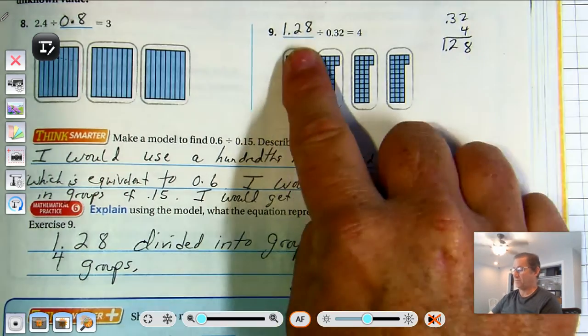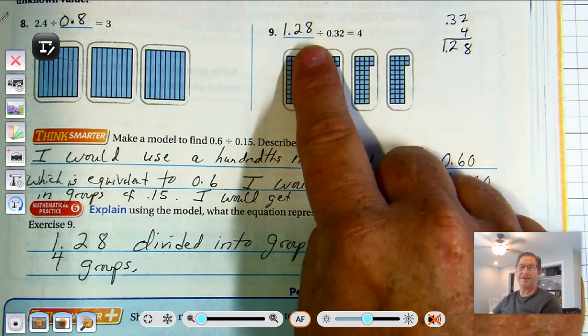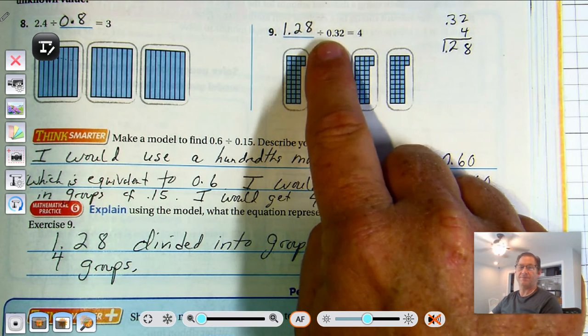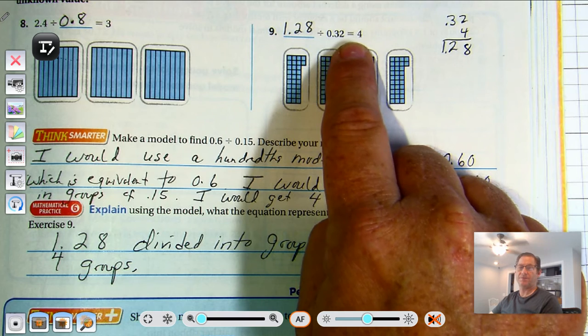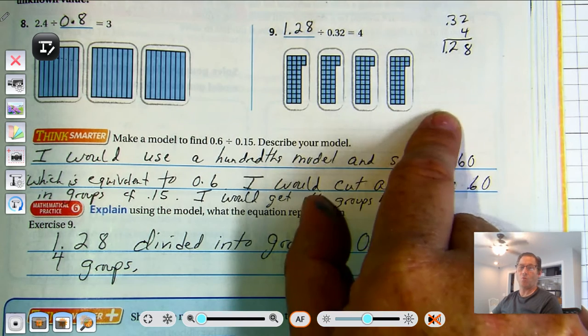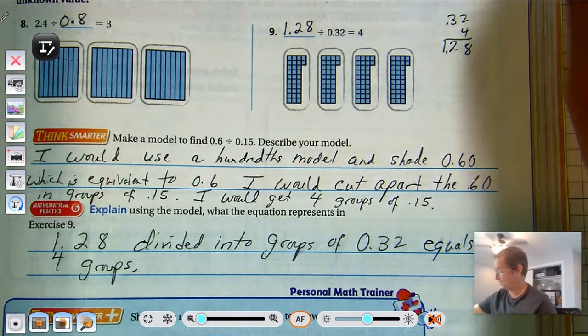So number 9, basically we're just explaining this. 1 and 28 hundredths divided into groups of 32 hundredths gave us 4 equal groups.